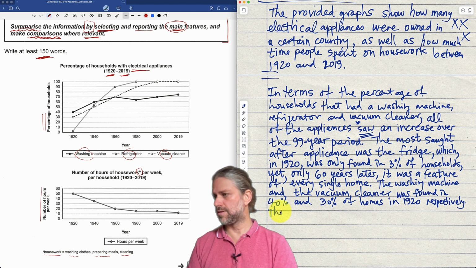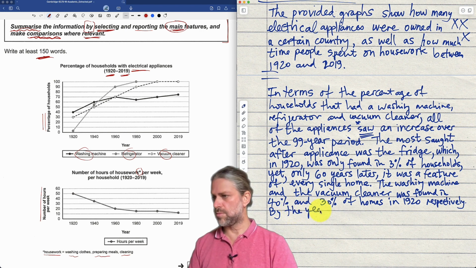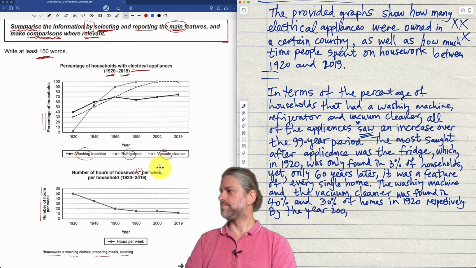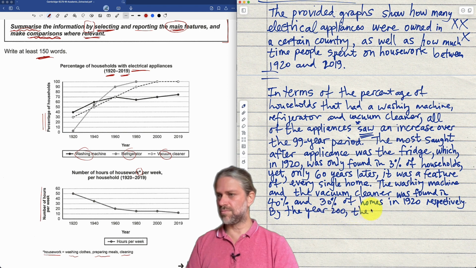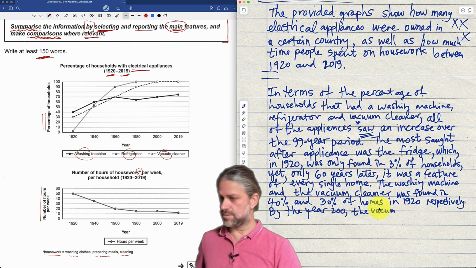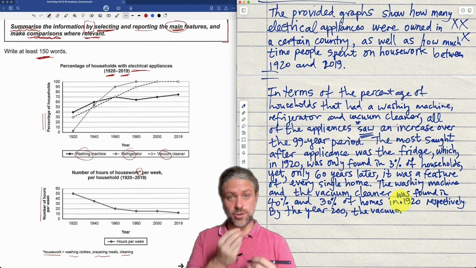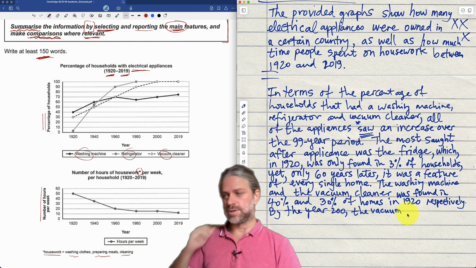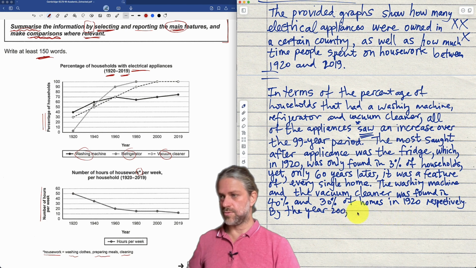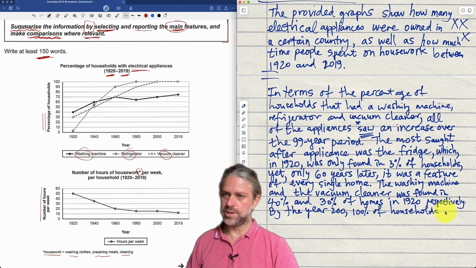By the year 2000, we're talking about the, oh yeah, by the year 2000, the vacuum cleaner, okay, I don't need to say cleaner again because the vacuum, it's technically correct English, the vacuum, let's see, 100% of households or homes had a vacuum.